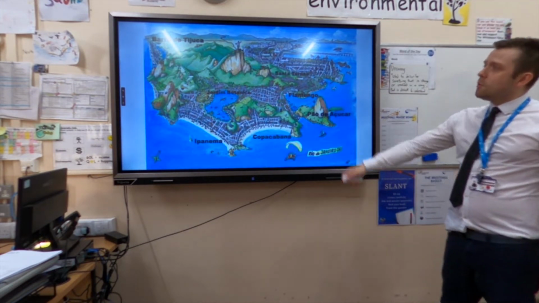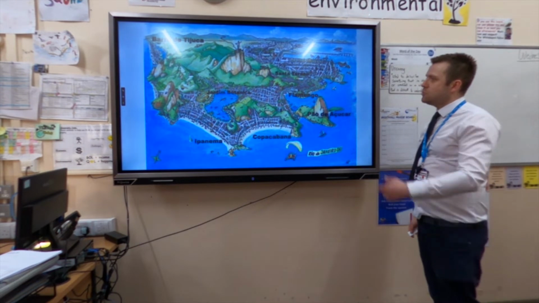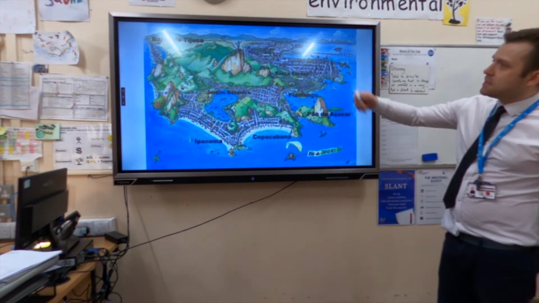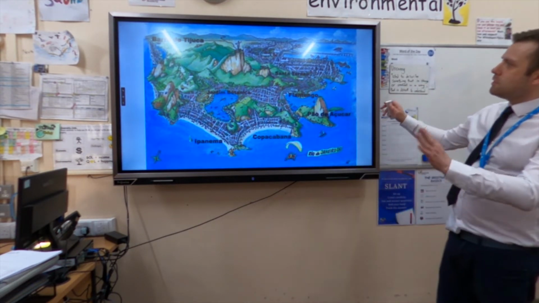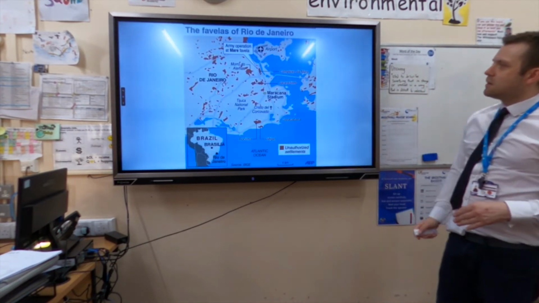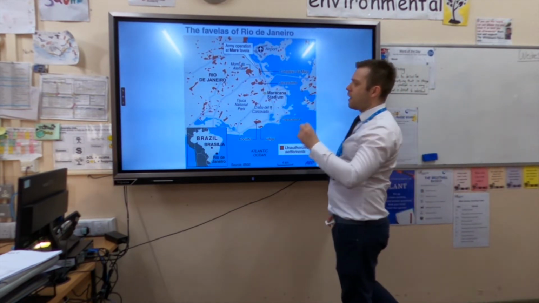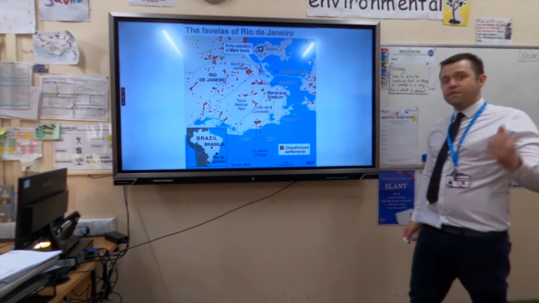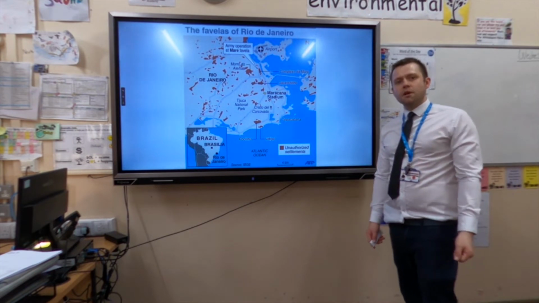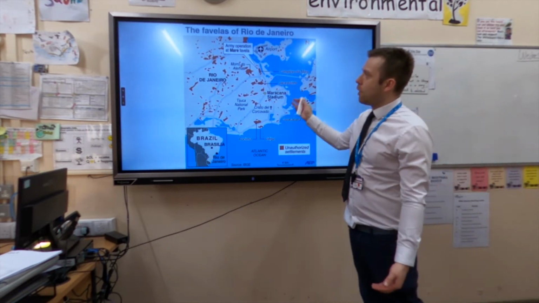What you might see on some official or tourist documentation is an image that looks like this: a beautiful, modern, green city. What they won't show you is the amount of favelas that are in Brazil. Favela is the South American term for slum or shanty town, and they're all over the place.